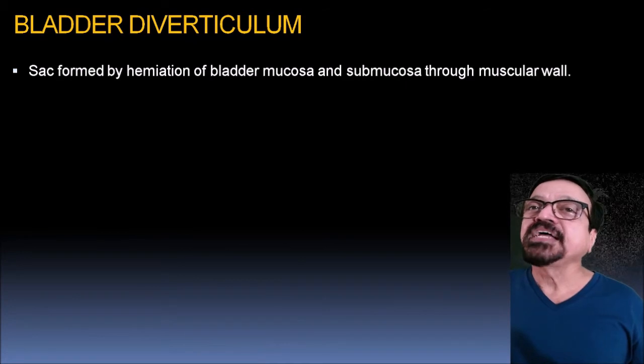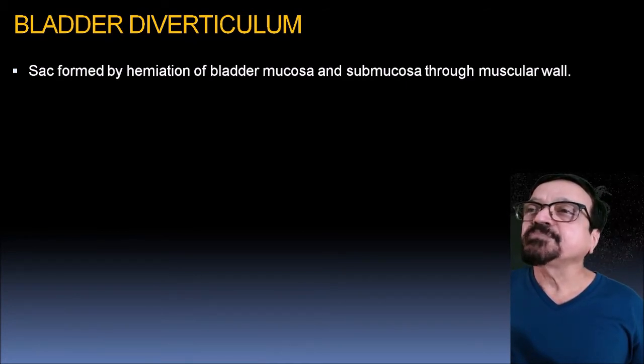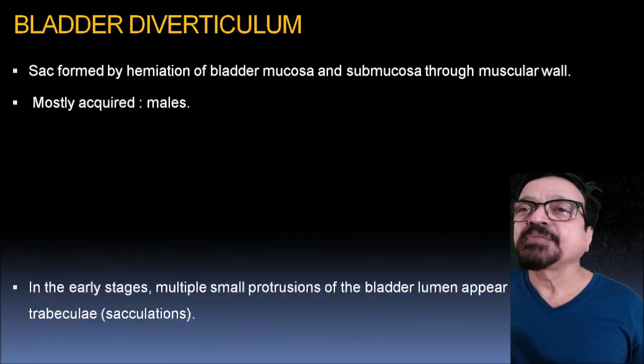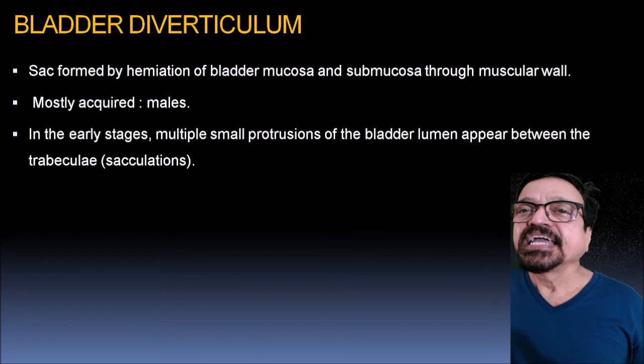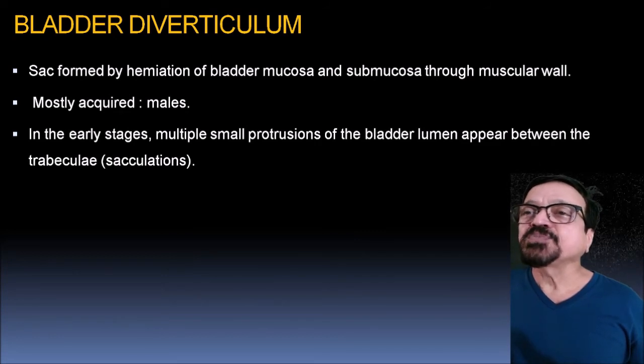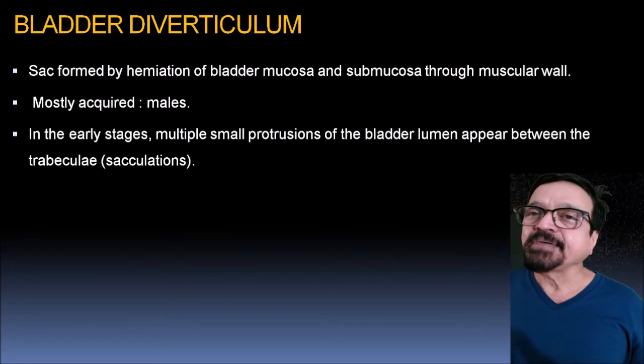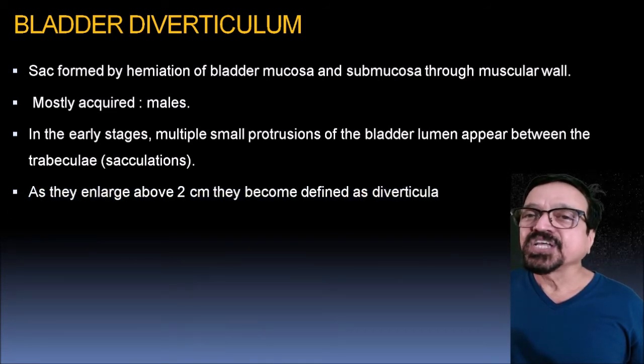Bladder diverticulum is a sac formed by herniation of bladder mucosa and submucosa through the muscular wall. Mostly they are acquired and more common in males. In early stages, multiple small protrusions of the bladder lumen appear between the trabeculae, called saculations.